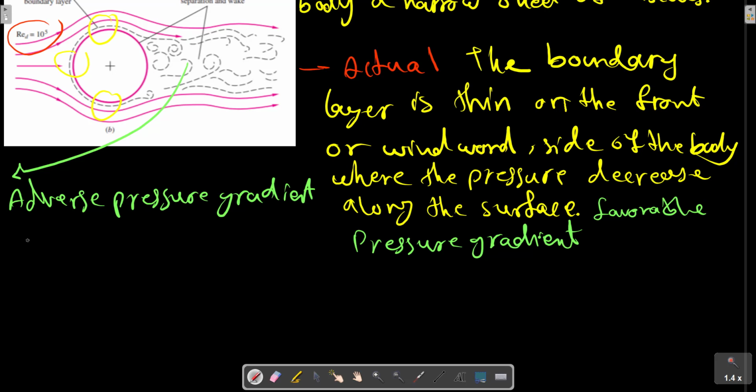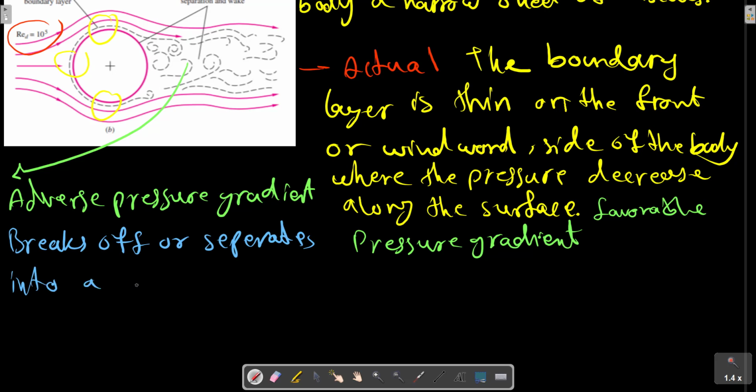The boundary layer breaks off, or separates, into a broad pulsating wake.